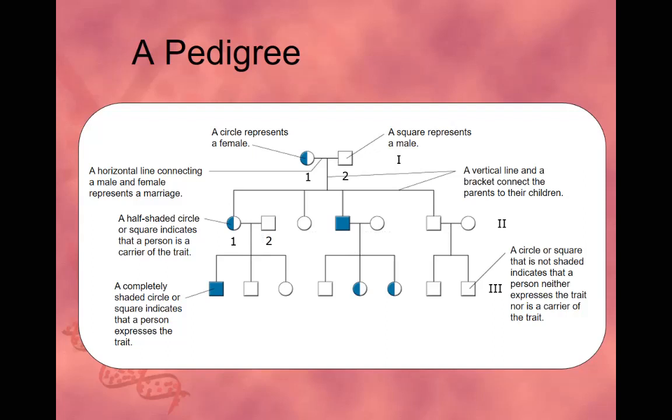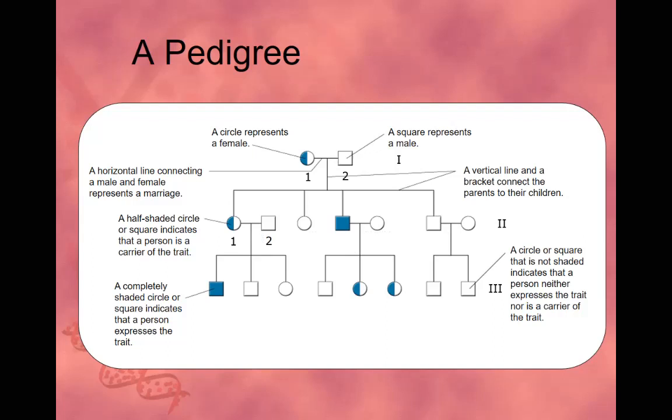Now, a horizontal line for the longest time represented a marriage. Now, we all know at this point in time that there are plenty of children who are born outside of a marriage. So this typically represents now what we would consider to be a union that produces offspring.